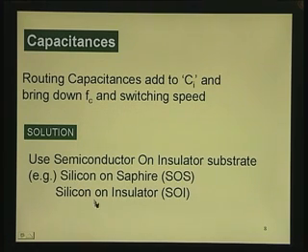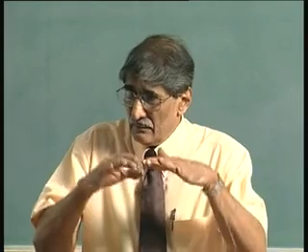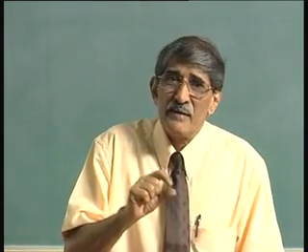So, the concept is not only increase the mobility, if possible, by going to lower temperatures, or you may have to change the material, and use also small channel lengths which will increase the velocities and also transconductance. The other thing is reduce the capacitances by reducing the stray capacitances, the capacitance of the routing with respect to substrate by using insulating substrates.